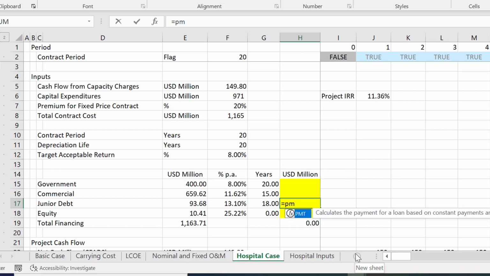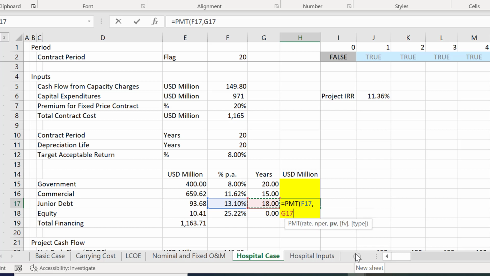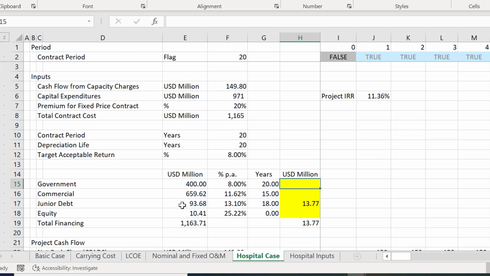So the first thing we should do is, again, learn this. It's too embarrassing to say, but use the PMT function all the time when you're just doing a little example to figure out what's going on. What you do here is, if it was a flat payment, if the payment was completely flat, that's what it would be. Of course, it might not have been flat. Then I can copy this to these ones.